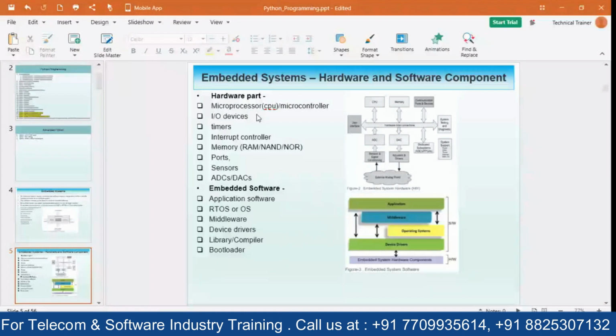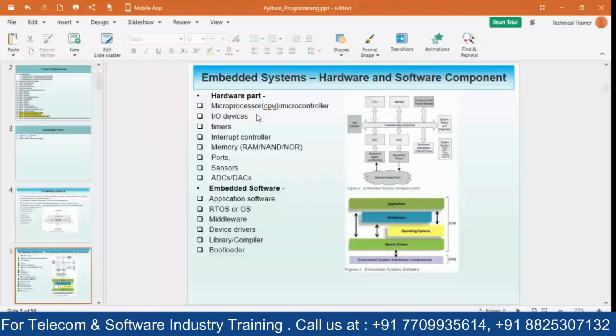Because you give the command to the CPU, and the CPU knows it has to display it. So who writes the software for that? Intel and companies like that, in our case in the laptop. So the CPU is nothing but the brain of the system, which gives the commands. That is called the microprocessor.